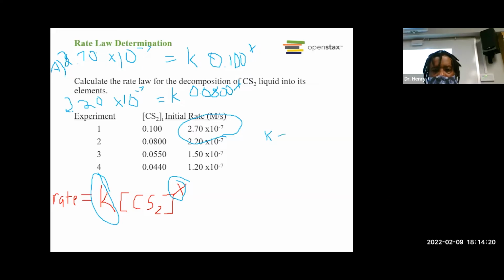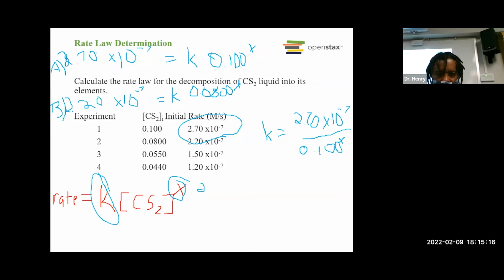So k is going to be equal to 2.70 times 10 to the negative 7 all over 0.100 to the x power. And then we're going to substitute that into our second equation, equation B.